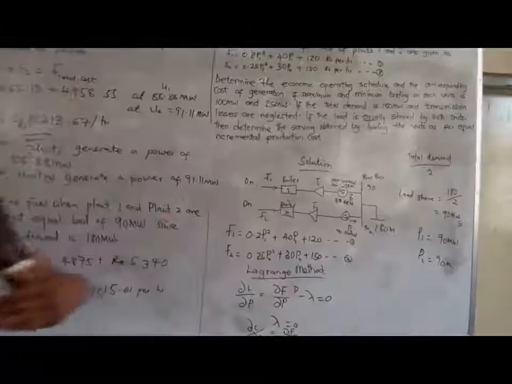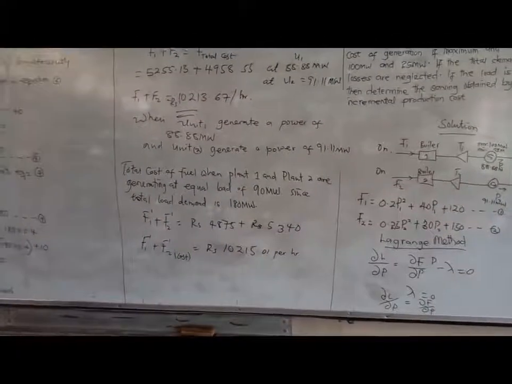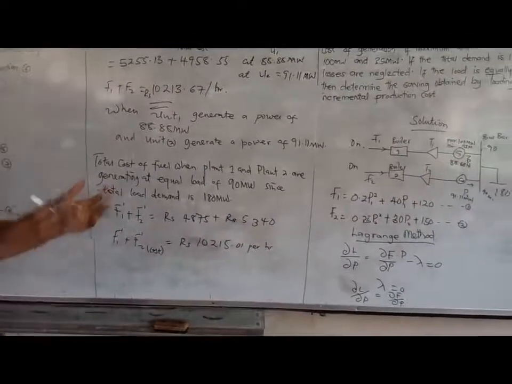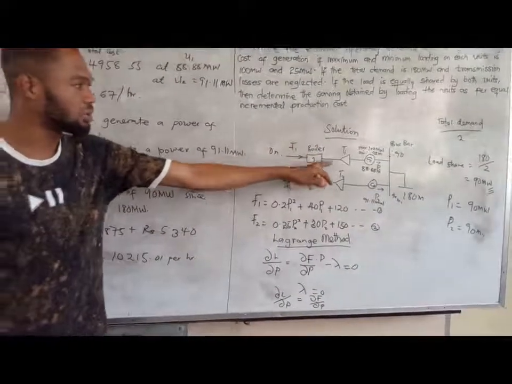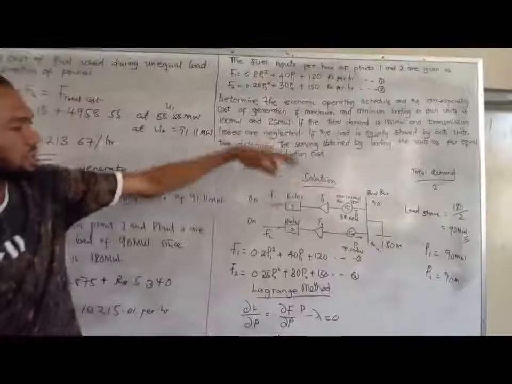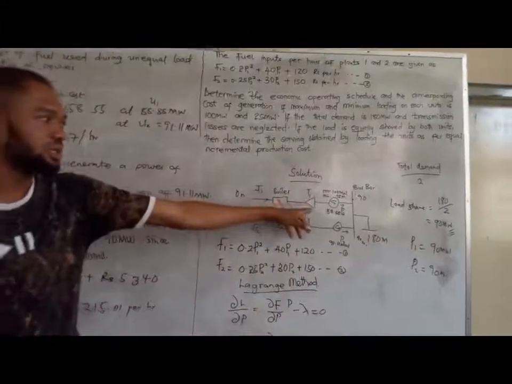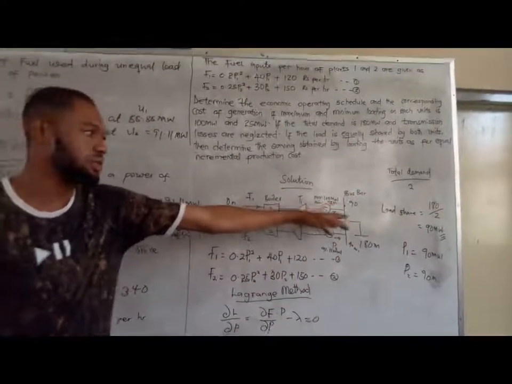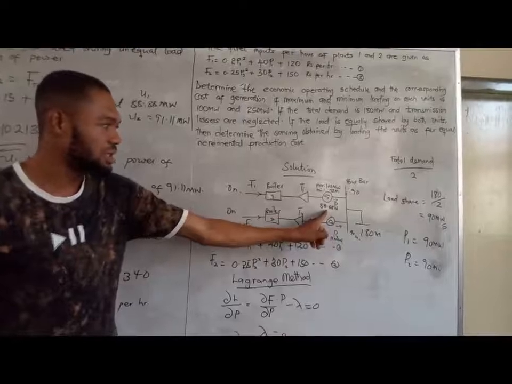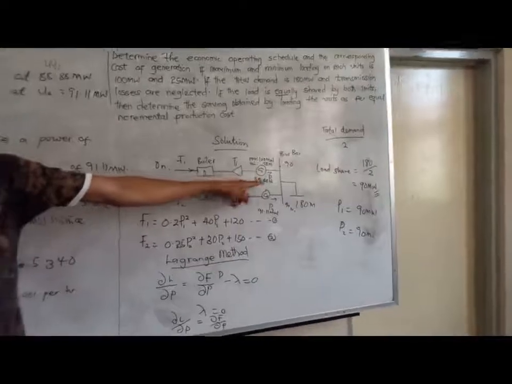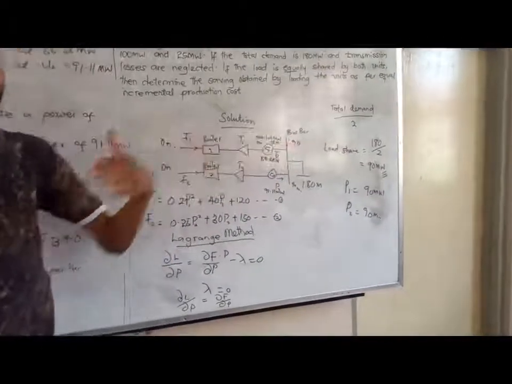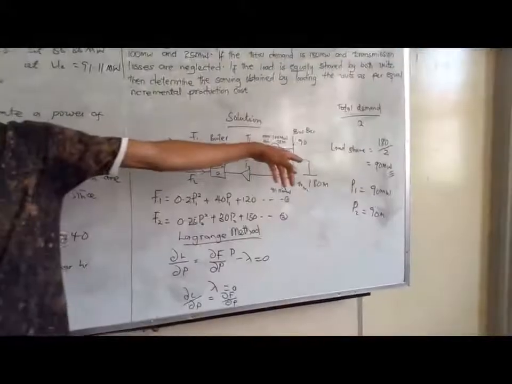How much money is being saved during the two generation periods? If you are generating on no regulation base, you just feed this quantity of fuel into the boiler to convert it into steam, and the steam turns the turbine to generate 88.8 megawatts. And at the time that you are no more generating at 88 but increased to 90 megawatts, how much cost have you been able to save?